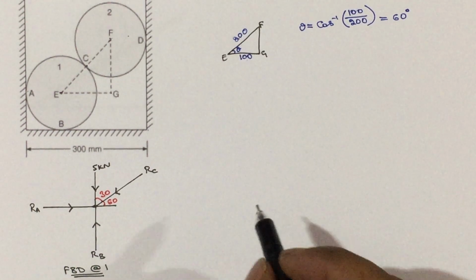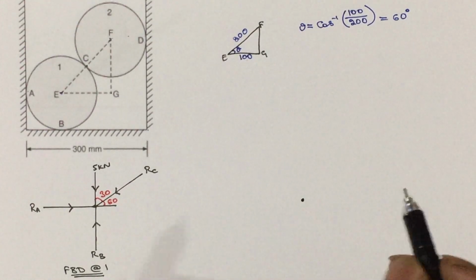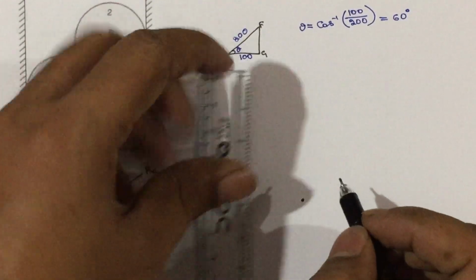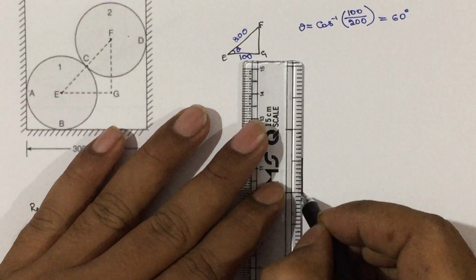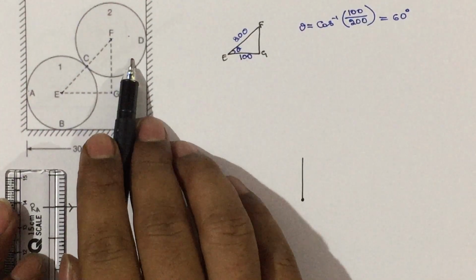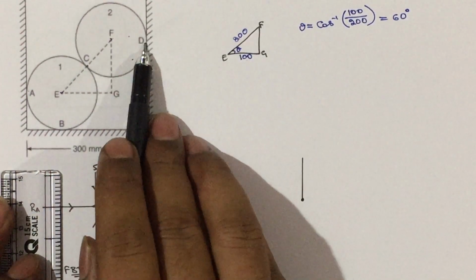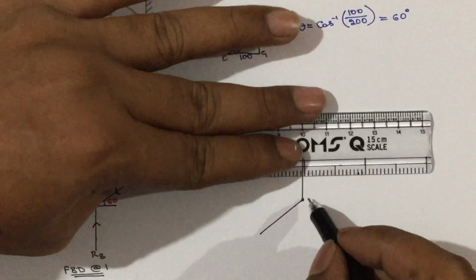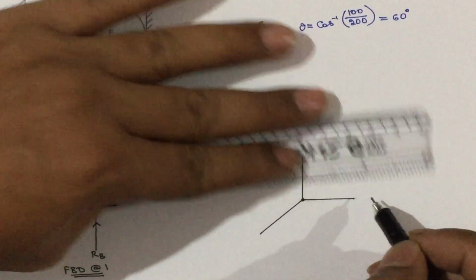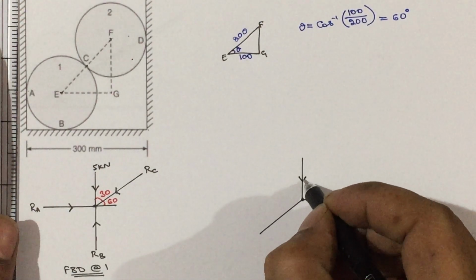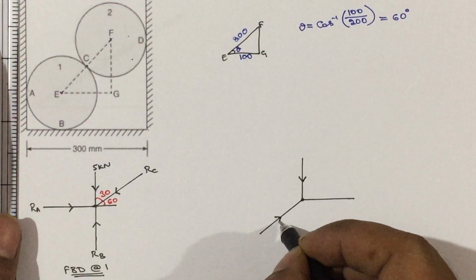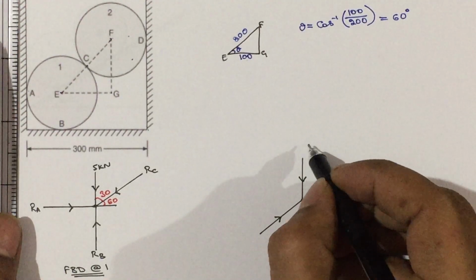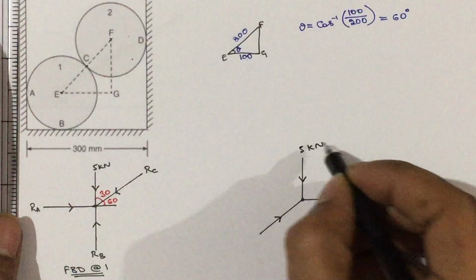Then for the second ball, draw the point, that is the center point of the second ball, then the connected lines. First write the weight line, then this ball is in contact at C and D points. So write at C, then at D, then write the direction: weight acts vertically downwards, compression reactions act towards the point. Then magnitude: this weight is 5 kilonewton given in the problem.